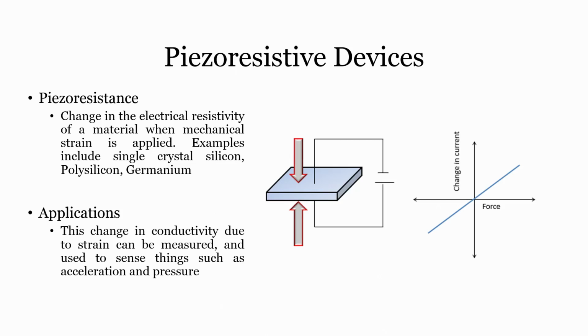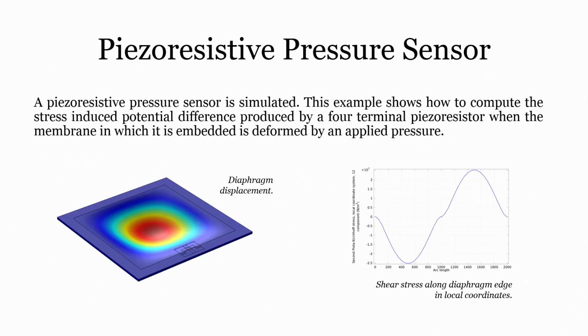The examples of piezoresistive materials are silicon, polysilicon, germanium, while the applications are that the change in the conductivity due to strain can be measured and used to sense things such as acceleration and pressure. There are a lot of other applications in the biomedical domain and the electronics domain. If you know the use of COMSOL, it can make your life easier.